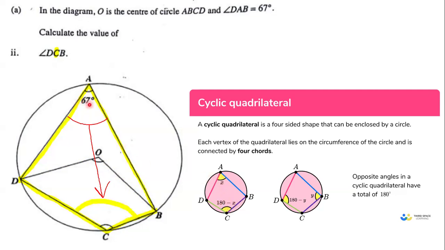So if this is 67, then in order to figure out the size of this angle, we subtract from 180. 180 degrees minus 67 degrees is 113 degrees. So the size of this angle, angle DCB, is equal to 113 degrees. And that's the answer to this question.